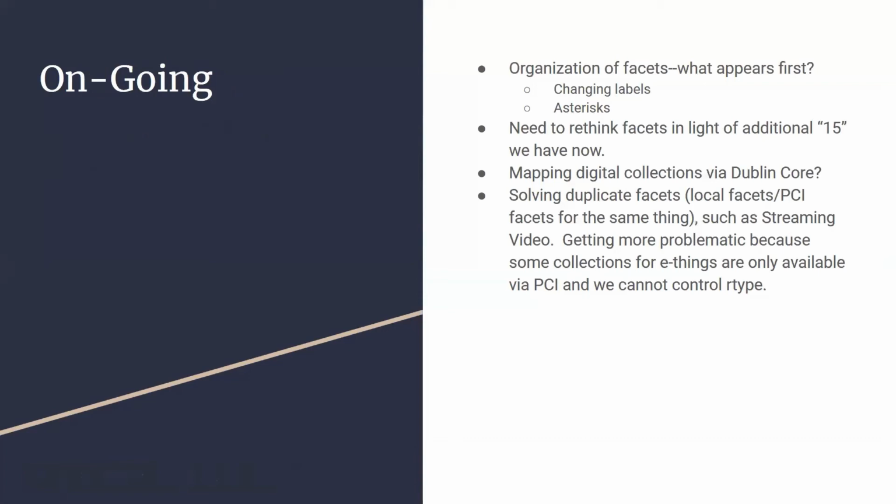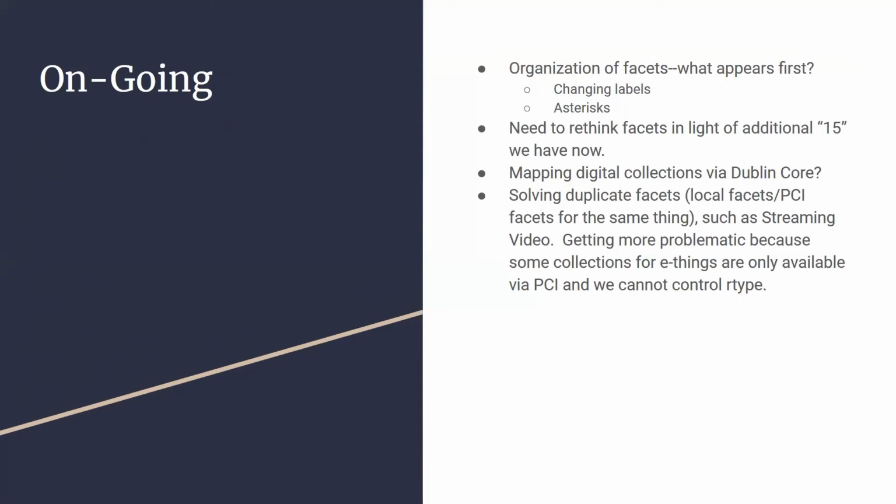So we're still going. We're working on utilizing our additional 15 local resource types. We also have to do some thinking about mapping some of our digital collections to some local resource types to make those more findable, and also solving the duplicate facets.